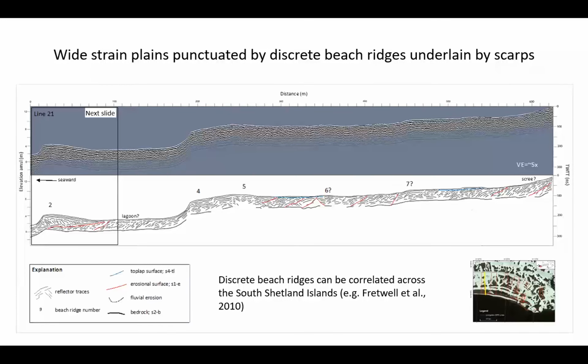I mentioned that we saw a couple of other different surfaces besides the one that I pointed out, which was the top of the bedrock. And if you can see these little red lines here, these are minor erosional surfaces. Based on work from other margins that have observed these in modern conditions, when a storm comes across, they see one of these form.